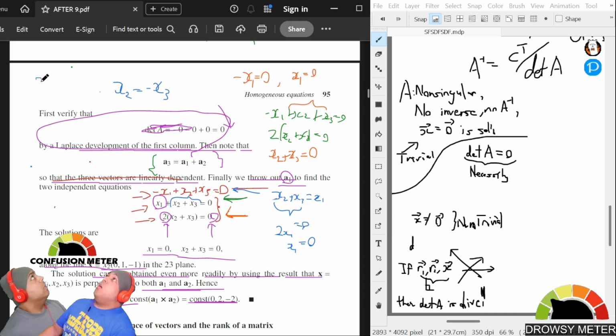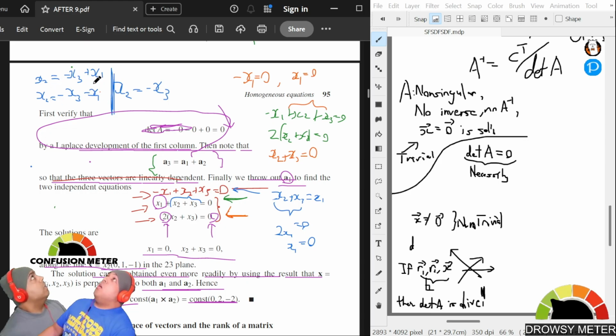You can get the equation x2 equals minus x3 plus x1. You can get the equation x2 equals minus x3 minus x1.